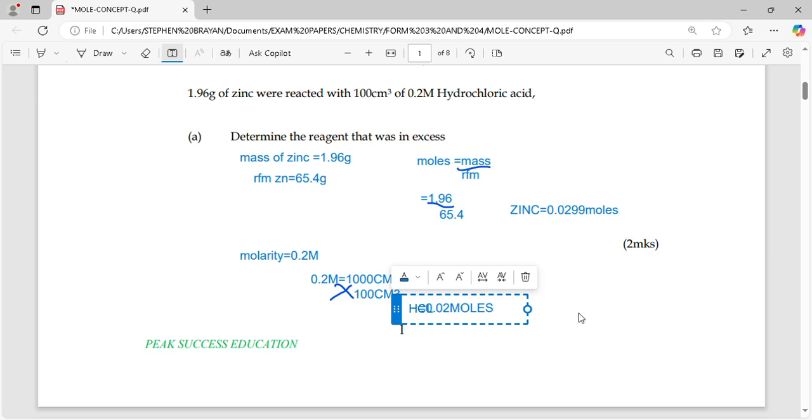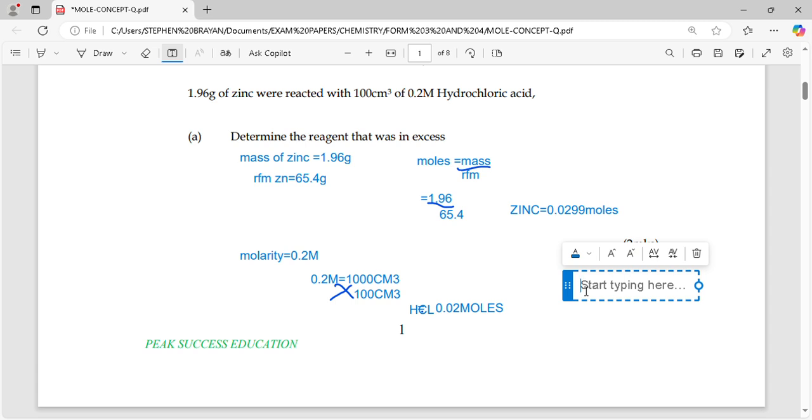You can see the difference. The moles of hydrochloric acid are 0.02 moles, but the moles of zinc are 0.0299 moles. So you can see that zinc is in excess. The reagent that was in excess was zinc.